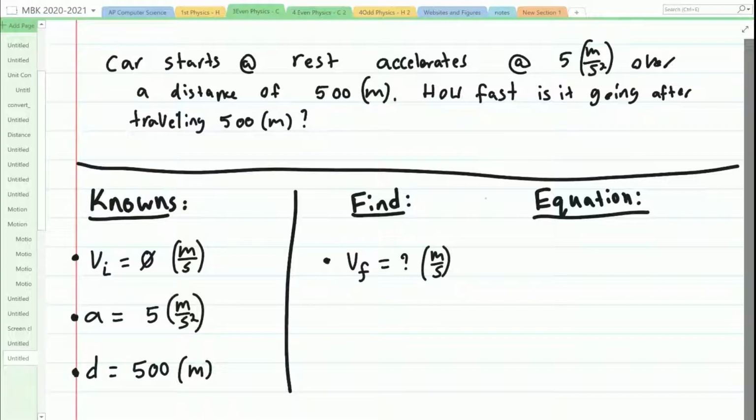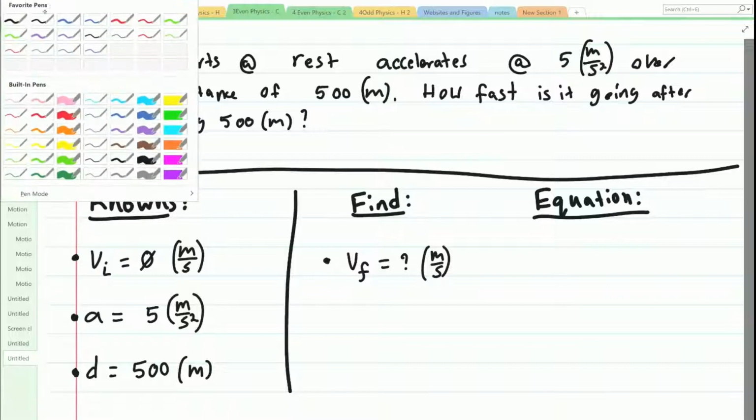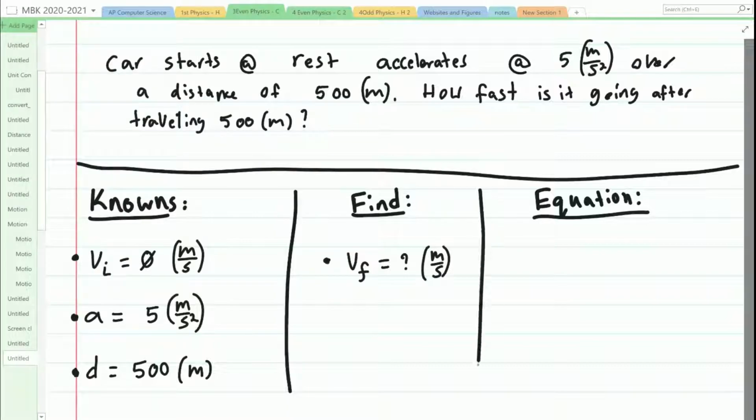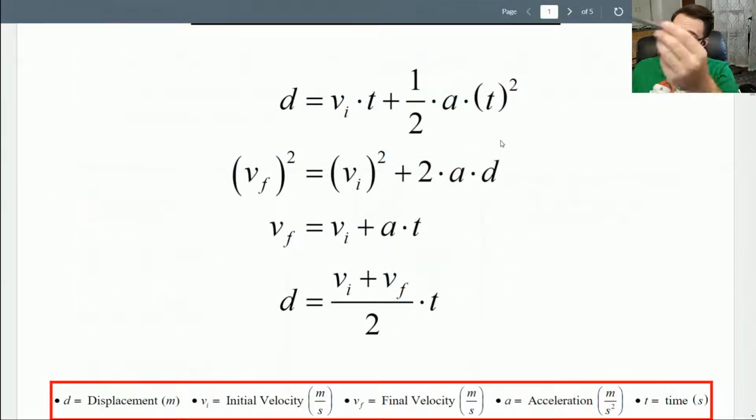Now the equation part, without knowing what equation to even use, like without even just the basic knowledge of which one of these equations I'm going to be using in general, what you guys can do with my document that I've uploaded on Canvas is look for any equation that is already solved for v sub f.